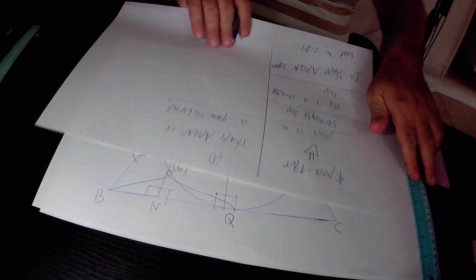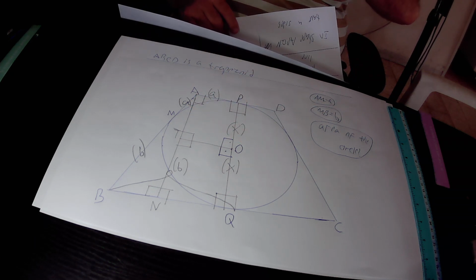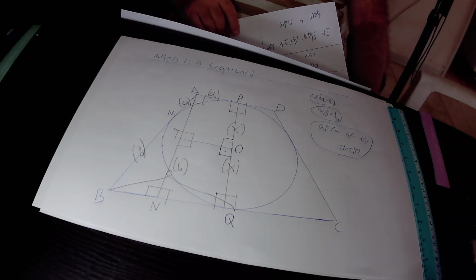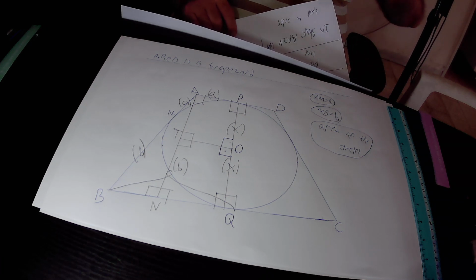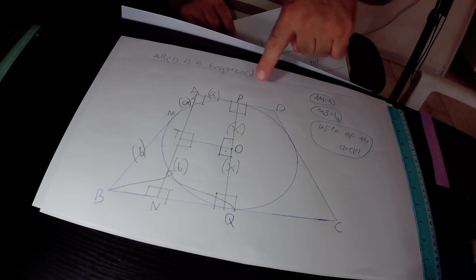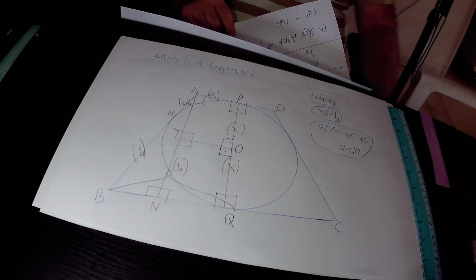But quadrilateral APQN has four right angles. According to rule 5, any quadrilateral that has 4 right angles must be a rectangle or a square. So we relate to this quadrilateral APQN as a rectangle because it has 4 right angles.